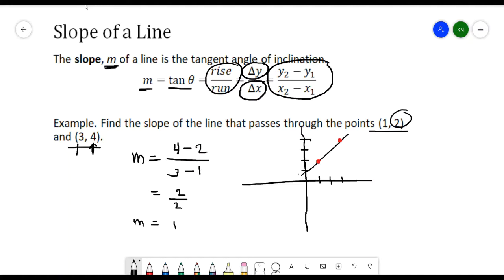So the slope of this line, or the angle of this one, the tangent of this angle is equivalent to 1, the slope of our line.